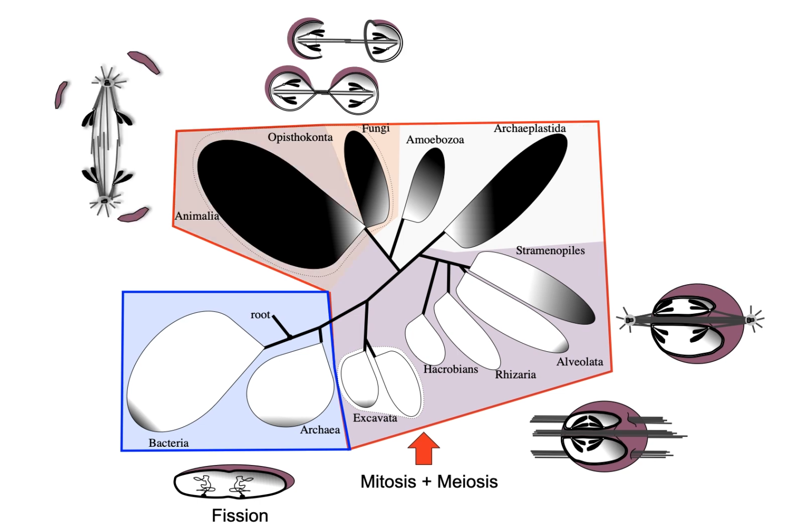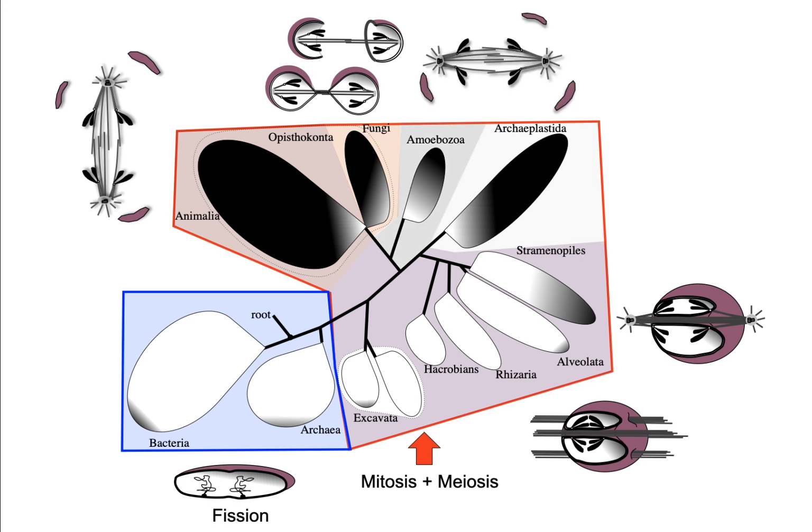Next, there's this group, the animals, which have astral mitosis with complete disintegration of the nucleus and then reformation of the nucleus during telophase. Mitosis in amoebozoans is very similar to that in animals. It is astral with disintegration and reformation of the nuclear membrane.